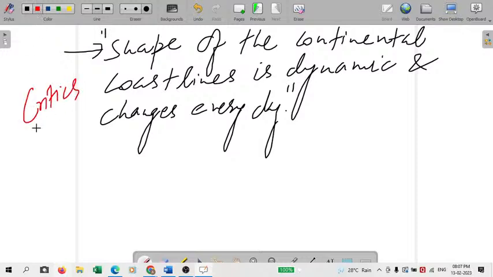So this is what critics had to say on fit of the continents.